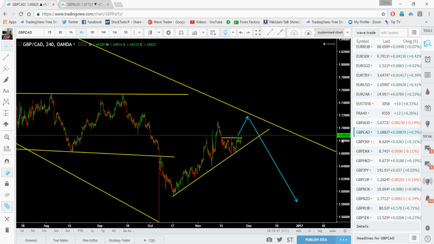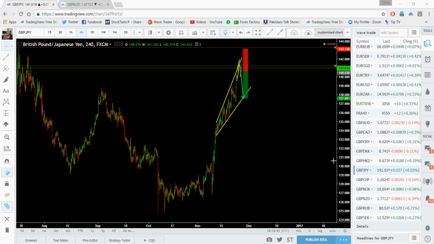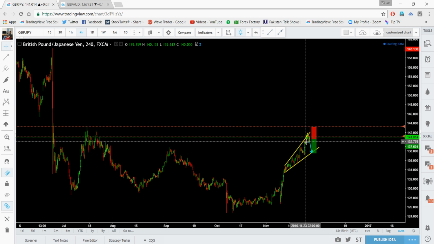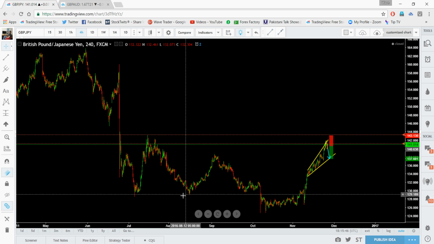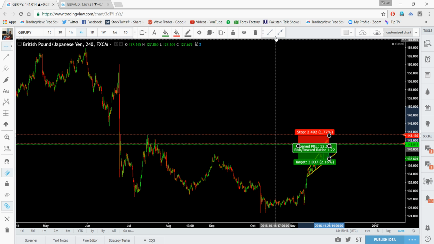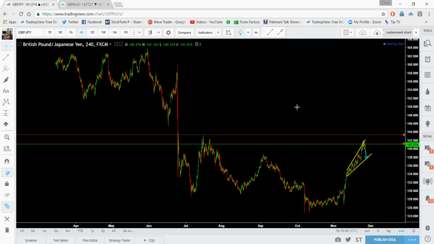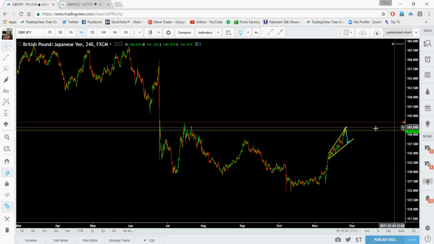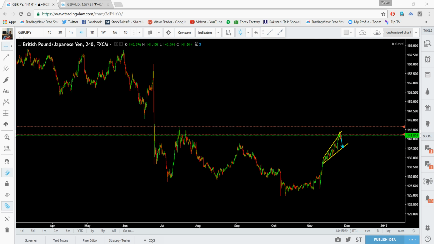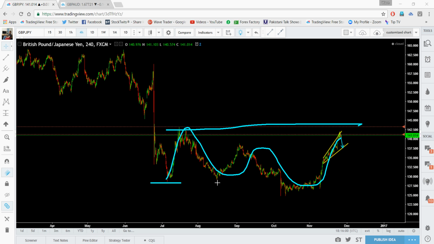Okay, so here is the trade I'm looking for, same as your other yen pairs. The whole area is corrective, the correction, the impulse is here at this point. So we are looking for the downside.